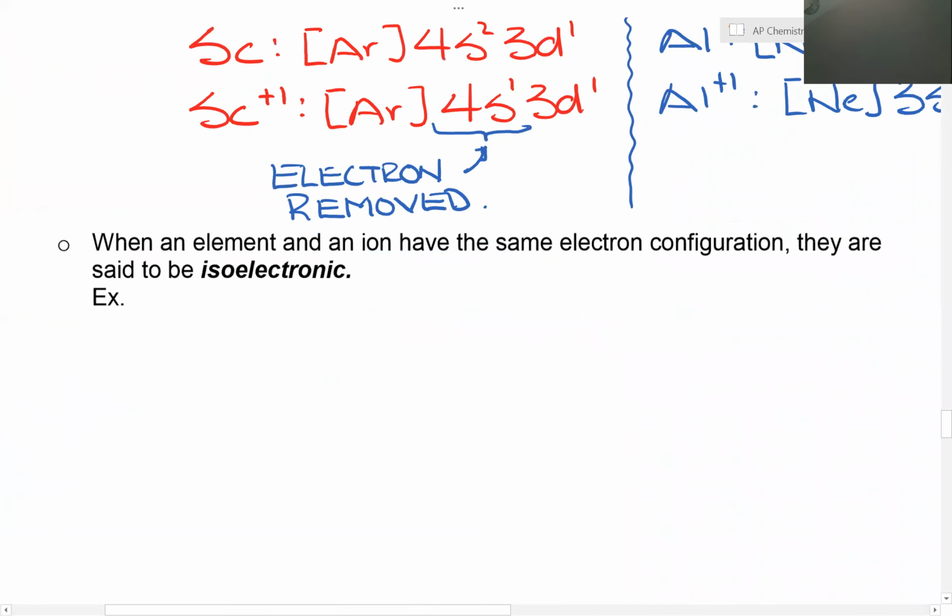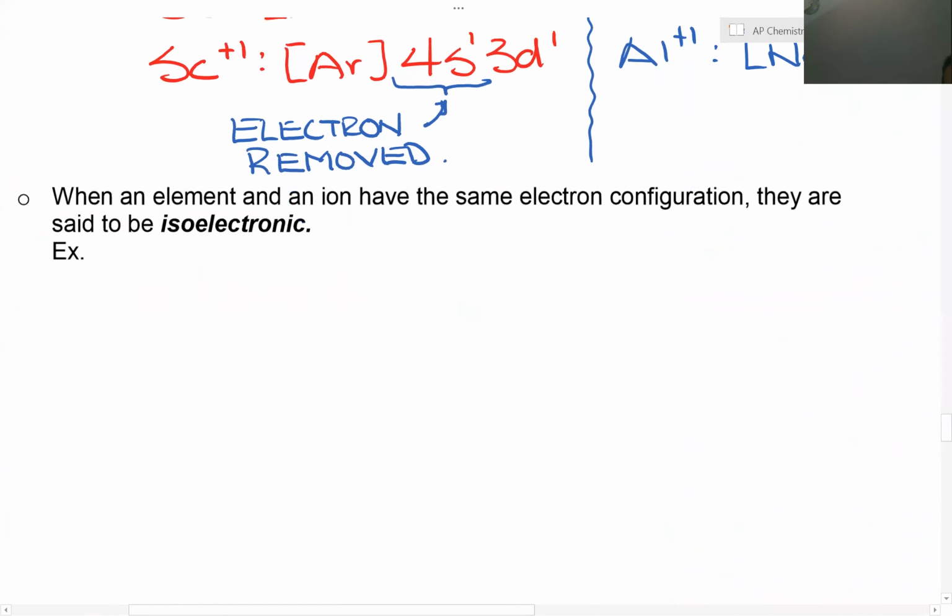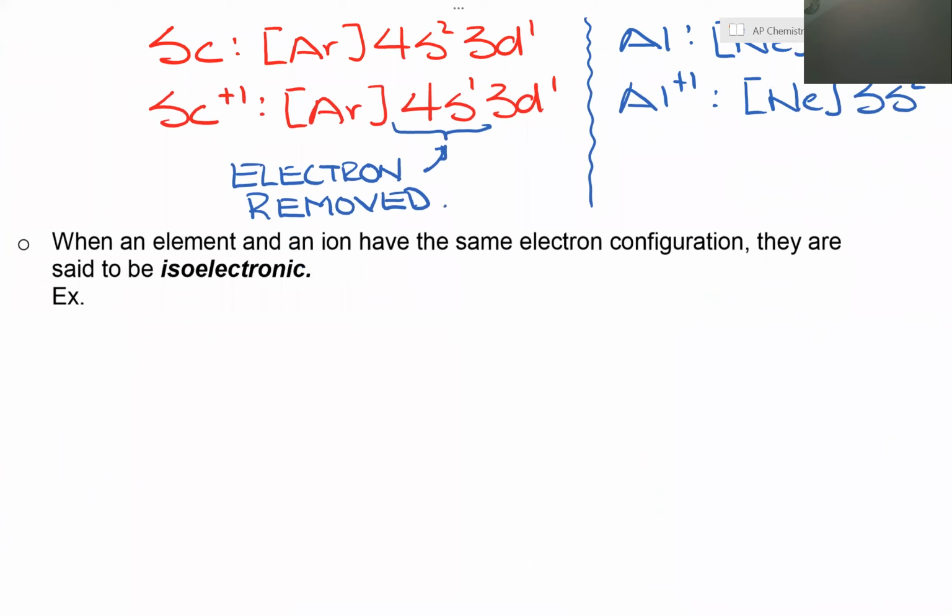Now, when an element and an ion have the same electronic configuration, they are said to be isoelectronic. So let's say, for example, we have fluorine minus 1 versus neon.